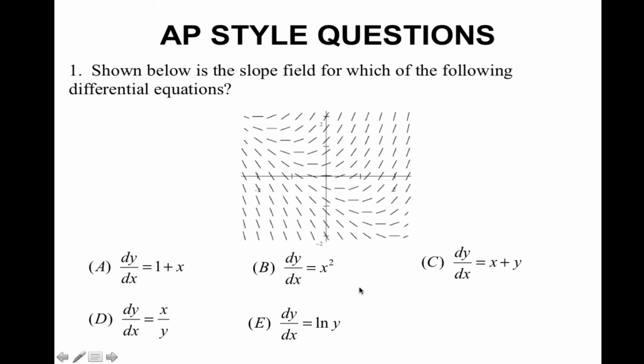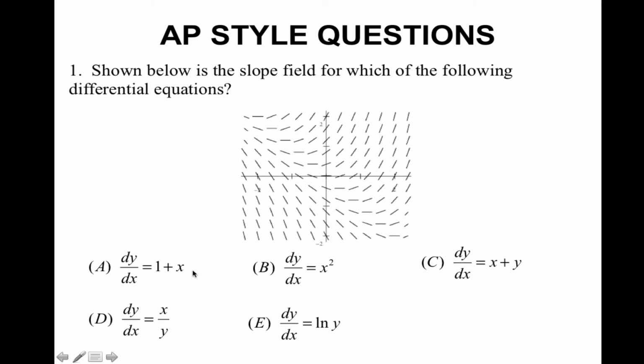First off, if the differential equation only had x in it, that means that at every single x value, the same x value would have the same slope. So when we are looking at each x value, does each x value have the same slope? No.